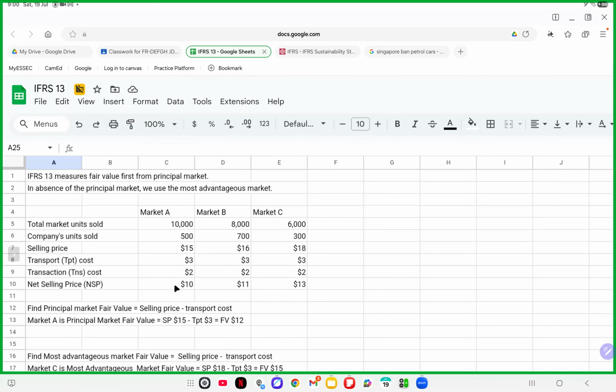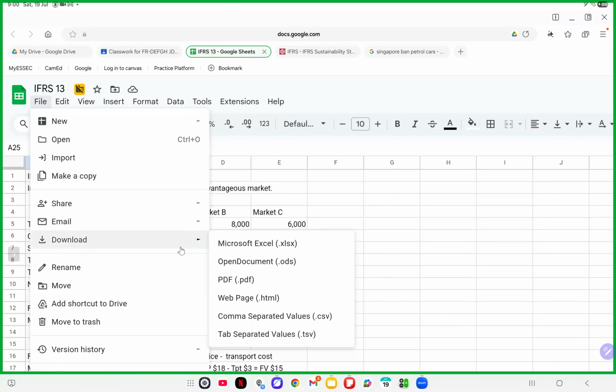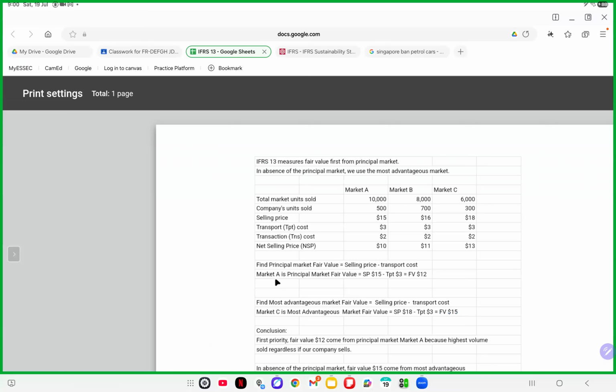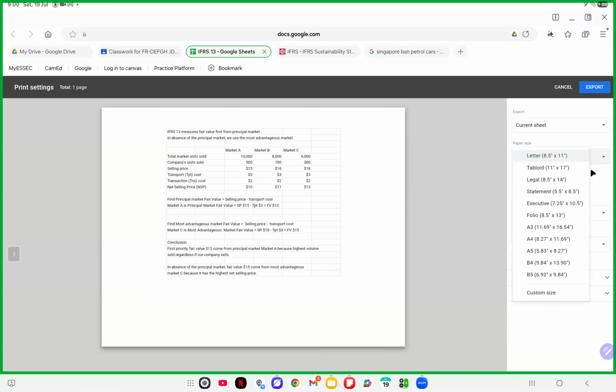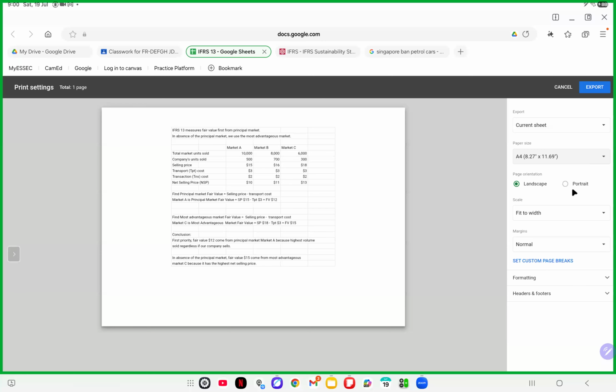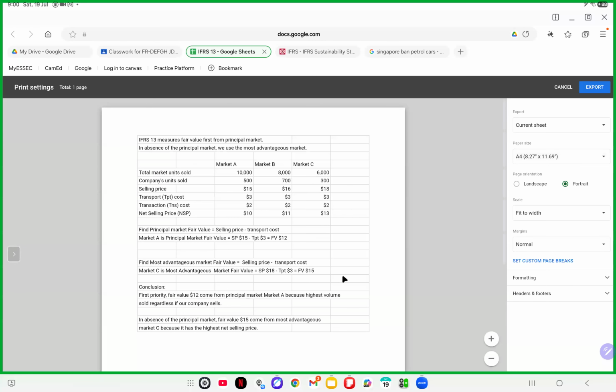So I save it, and I would like to print it so that you will be able to refer. I want to print this into an A4 size portrait, so it is easy to keep. This is okay, export.